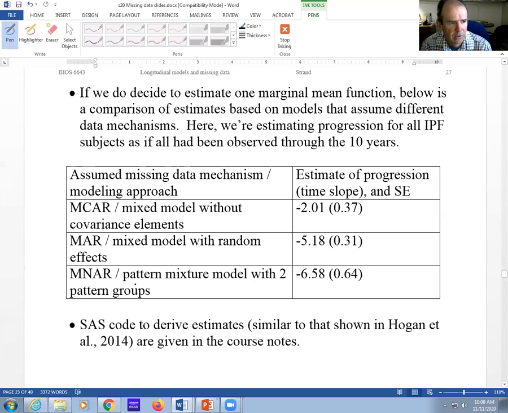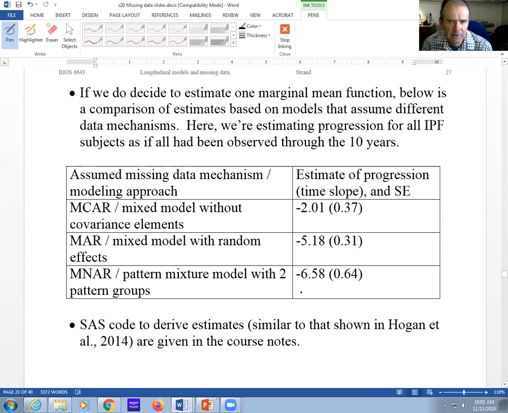And if we do the missing not at random assumption, and I'll use a pattern mixture model, which I'll describe here in a second, we get an estimated change of negative 6.58%. So you can see that we can do pretty well. We don't know which one's the right one, but it's probably more likely missing at random or missing not at random. And we can see that those are somewhat closer, right?